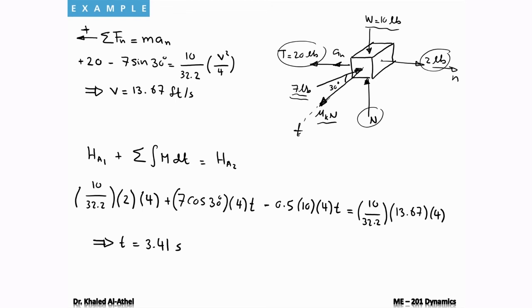As you can see, and we've done this in previous modules as well, whenever we discuss the principle of work and energy, conservation of energy, or even impulse and momentum, or angular impulse and momentum, sometimes you might go back to either kinematics or Newton's second law, as we did here, to solve part of the problem.